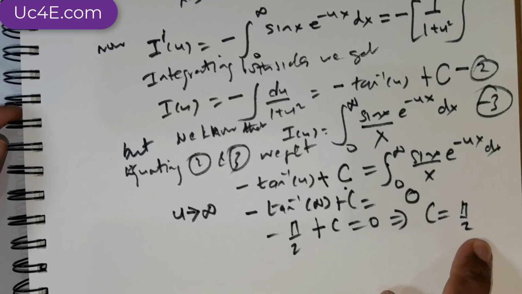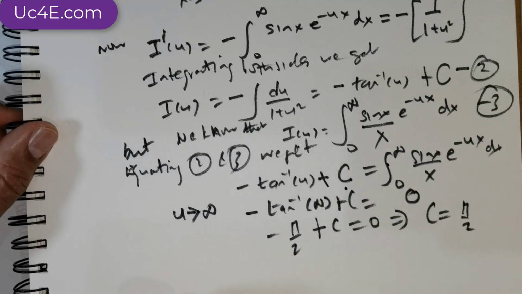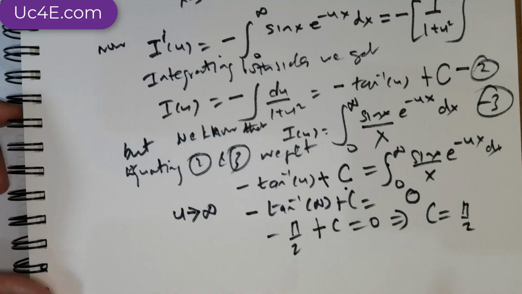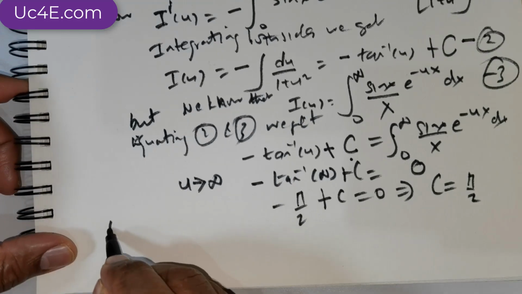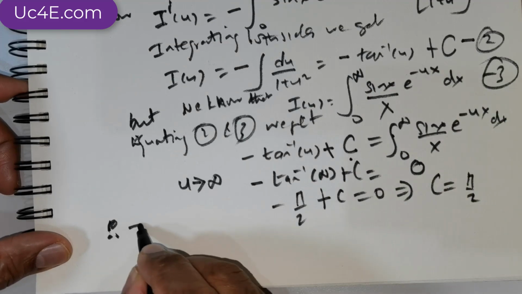Now you've got c is equal to pi over 2. Take this pi over 2 and substitute it in the initial definition. So we have an initial definition, right? We defined I of u to be this, so therefore you write that.